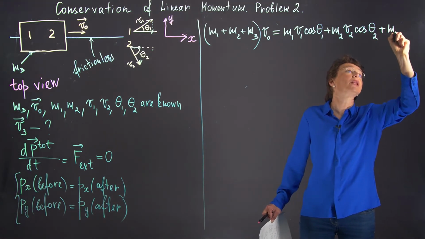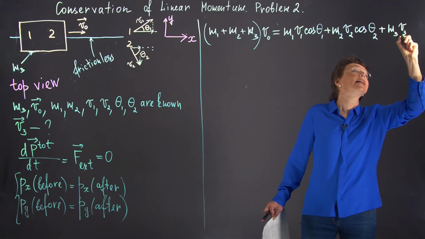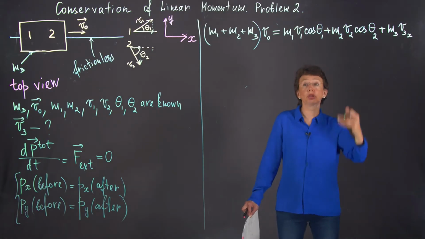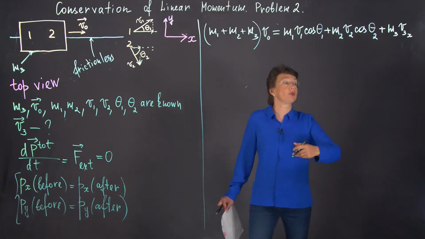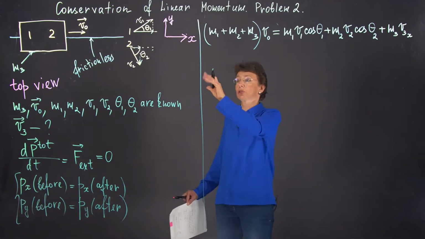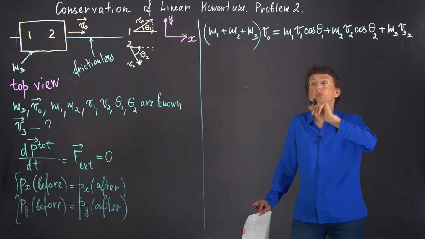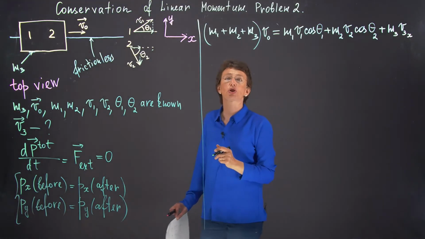So I put plus m3 v3x, the x component, and that's what I'm looking for. I'm looking for x and y components of the velocity of the sled. I have no idea what's going on with the sled, so I just put it as v3x without angles. All this information is within this projection.